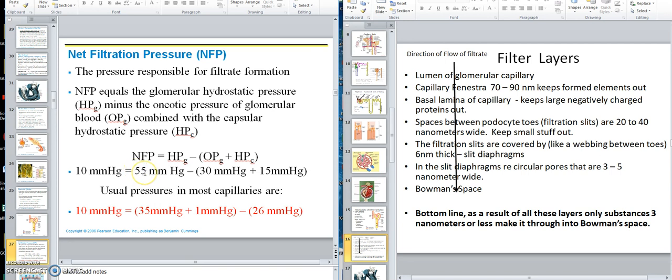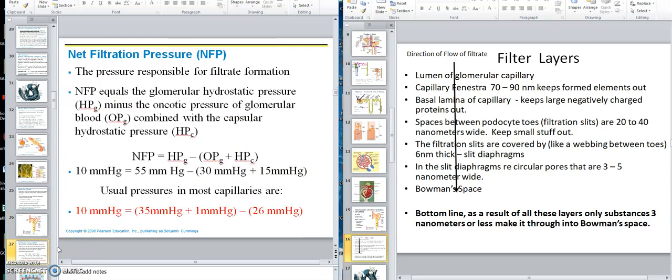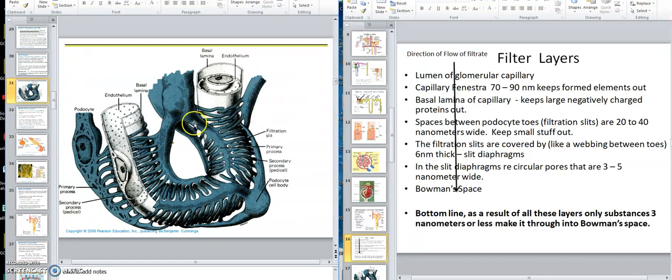Why could it be so high? Well, the reason it wants to be high is to push the fluid out. But the reason it can be so high and not blow out the capillaries, where it would have if it was that high, let's say in a capillary in your skin, is because those capillaries are being wrapped by these podocytes, and by doing that, that fortifies that.